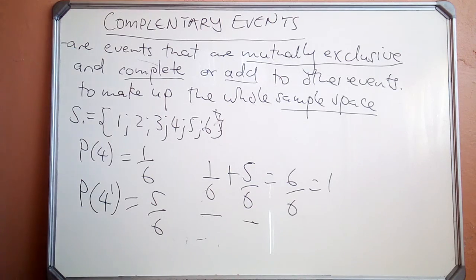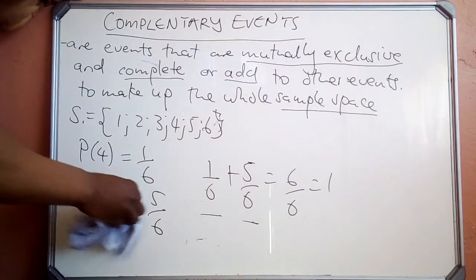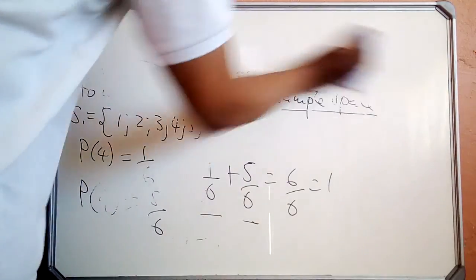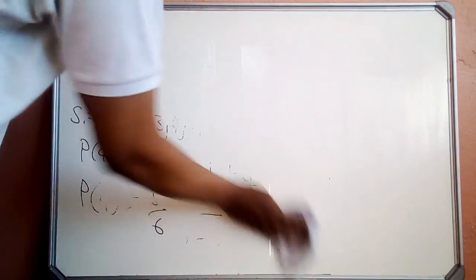All right, now let us try and put that in the form of a Venn diagram. Let us put a Venn diagram there and see how we can express that.